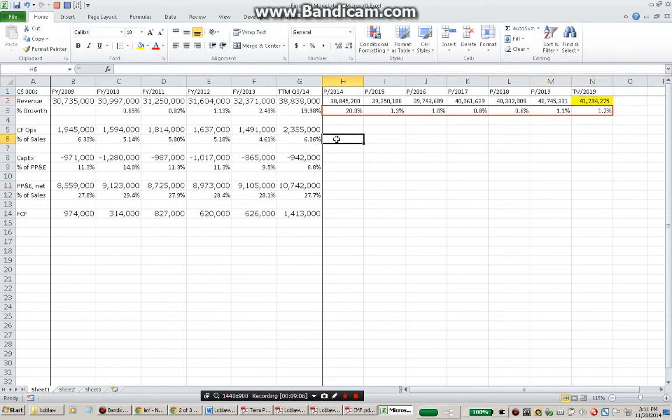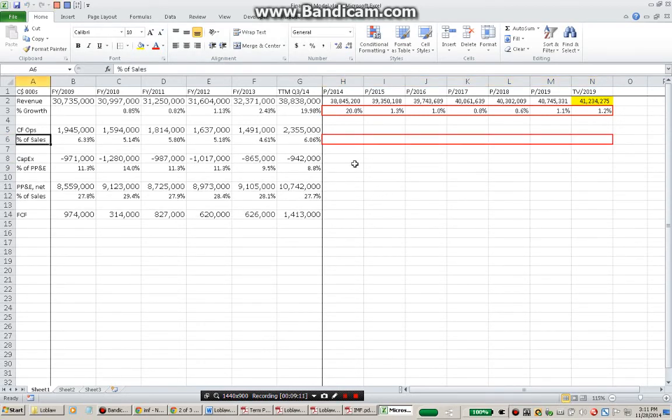So, cash flow from operations, this is going to be a percentage of sales. And it's pretty flat, actually. Very flat. 5.52% is the average. Well, this one's going to be 6.1%.